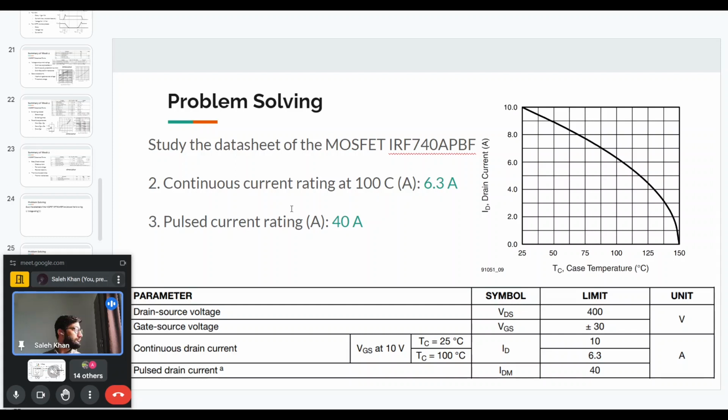Instead of a continuous current, the current turns on and then turns back off for some time. Depending on the duration of the current, which will be given in the data sheet, this rating is much higher than the continuous current rating. So here the answer is 40 amperes.